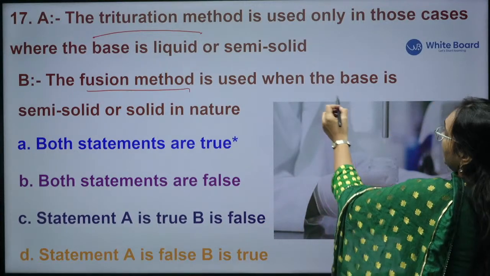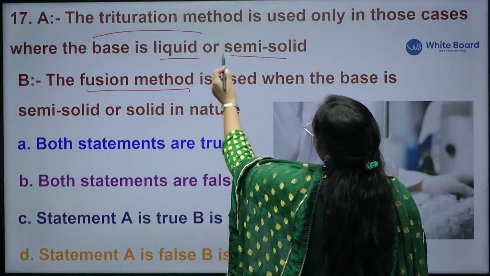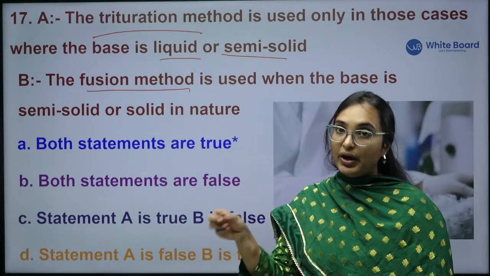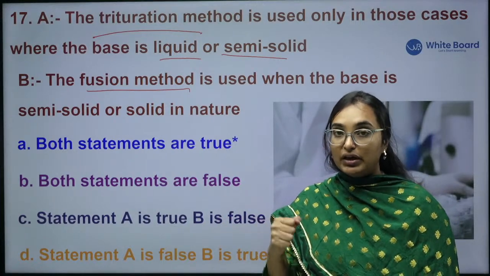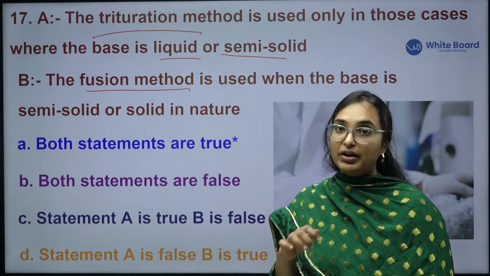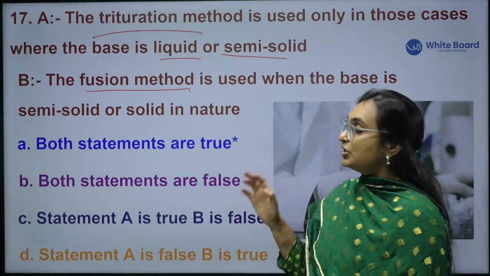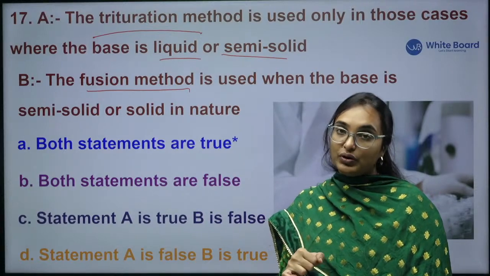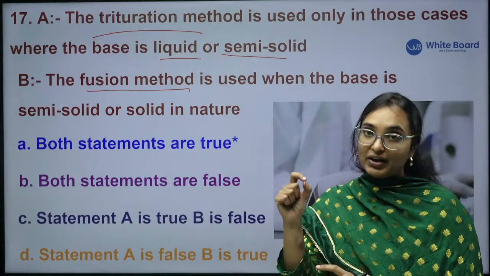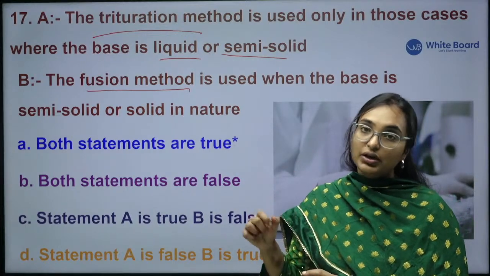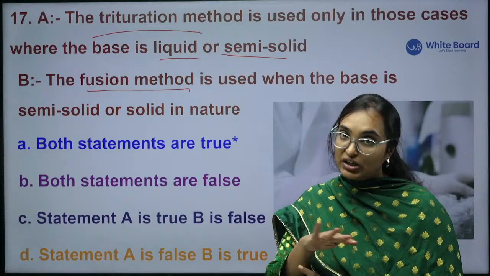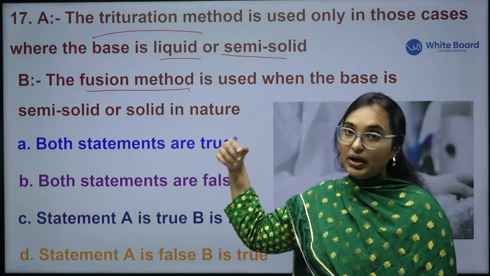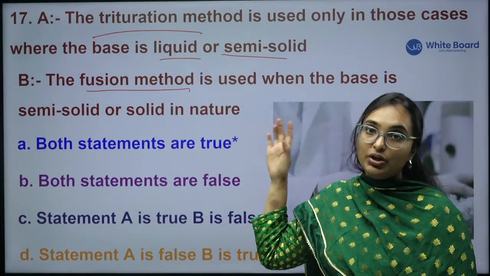When the base is liquid or semi-solid, you will go for the trituration method. How do you do trituration? By adding the medicaments and making a homogenized mixture by reducing the particle size. Trituration is done to dilute when the drug is very potent, or to make the particle size very small. You make an even, homogenized mixture by adding small amounts of base. Liquid base or semi-solid base, that is called the trituration method.